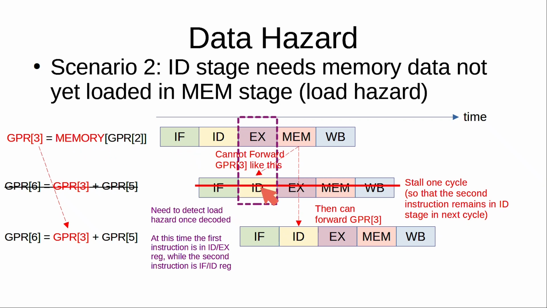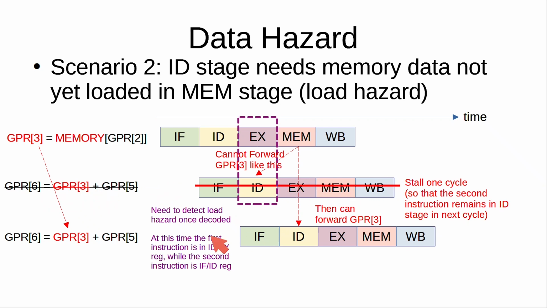But if we look here, this first instruction is still in the execution stage. It is impossible to forward the memory data from a point in the future back into the current time. So this requires us to stall for one cycle for this second instruction.